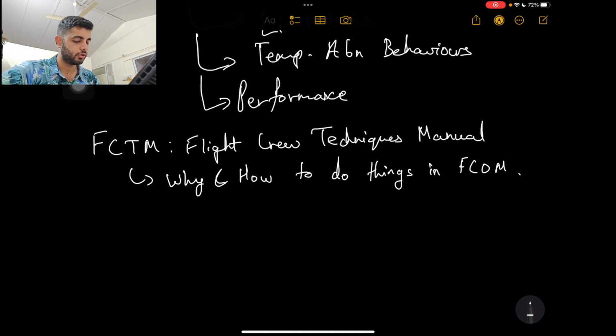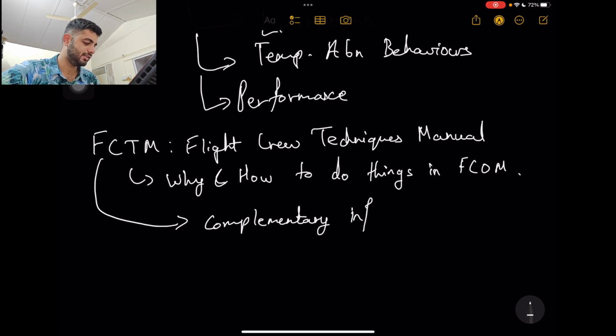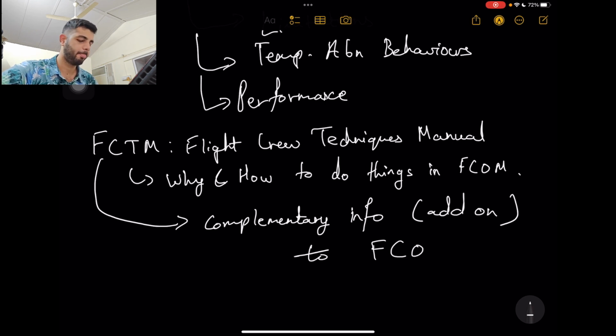So FCTM is complementary info. It is basically an add-on to FCOM.